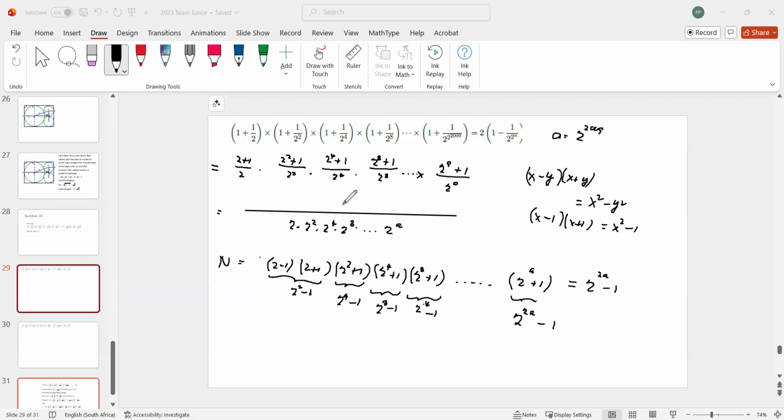So your numerator is 2 to the power of 2a minus 1. Oh, you should be so careful here. That's your numerator. Now let's have a look at the denominator.